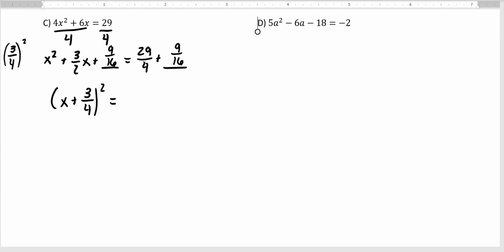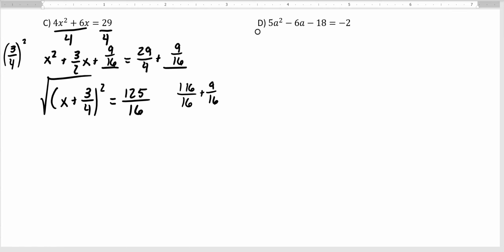If I multiply 29 times 4, that would be 116, because 25 times 4 is 100, and I need 4 more times 4. Plus 9 over 16. So I'm going to get 116 plus 9, which is 125 over 16. Adding fractions is an essential point. If we do decimals, it just doesn't work out. We have to be comfortable adding fractions here.